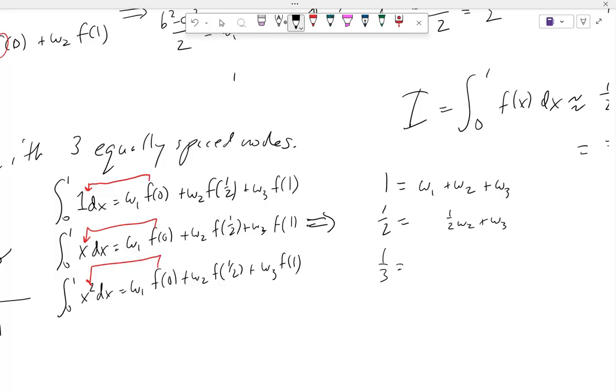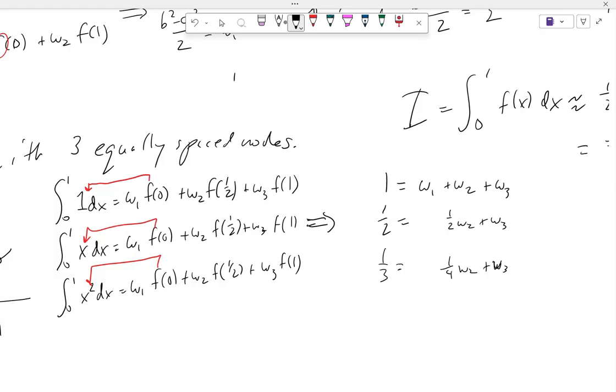Or what do you get for the right-hand side? Either or. Good. Yeah, you get a 4th W2 plus W3. 0 squared, 1/2 squared, 1 squared. Right?